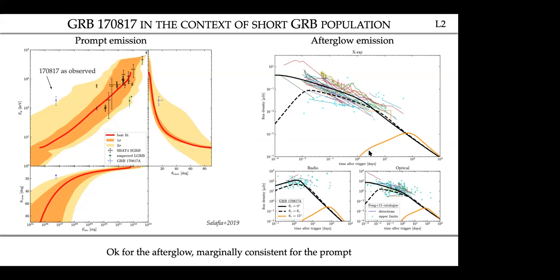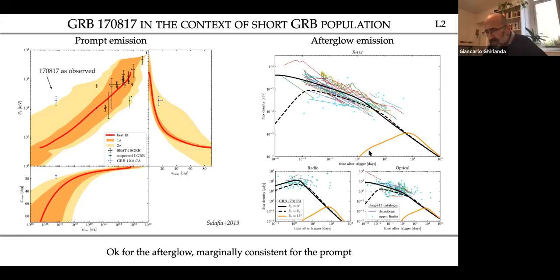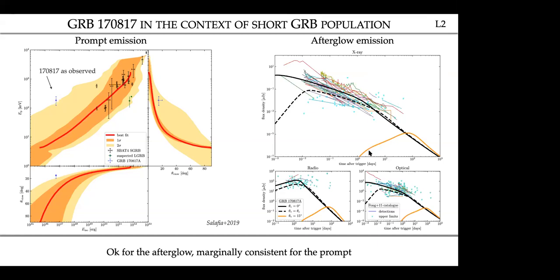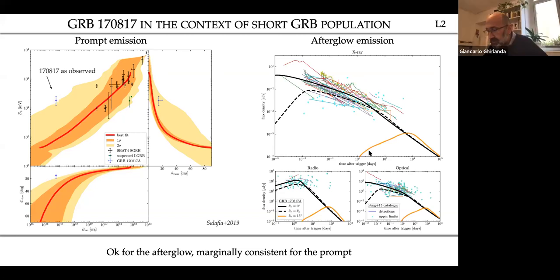But I was wondering, does that really mean that the ensemble of GRBs usually has a perfect match between viewing angle and the jet? So does that mean that the short GRB population has the viewing angle matching the jet?